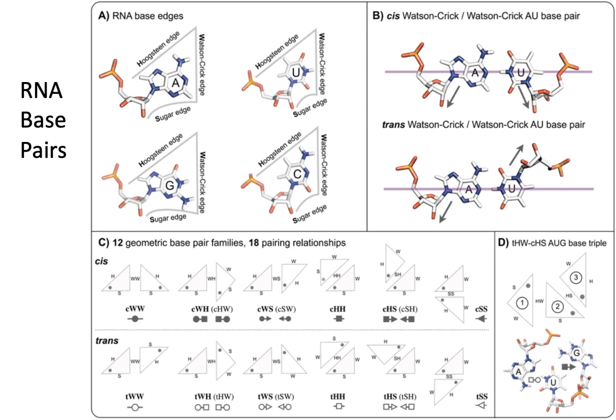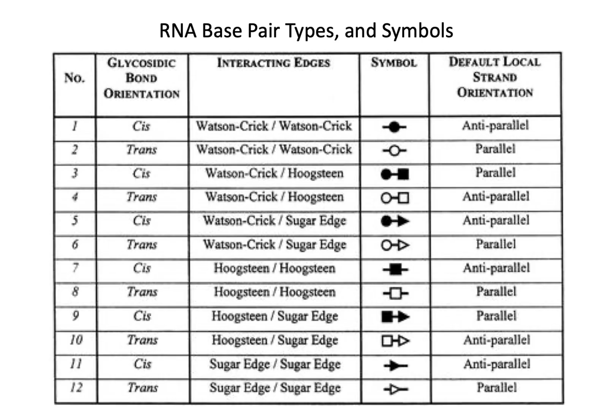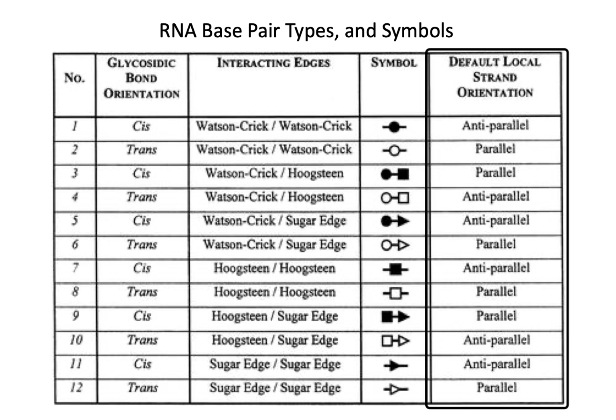This leads actually to, if you have a molecule that's 60 or 100 bases long, a lot of different possibilities as to how that folds. And this is a table just indicating some of those symbols, the interacting edges, whether they're cis and trans, and whether that leads to local directionality of the other strand.